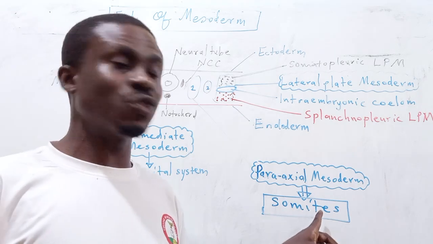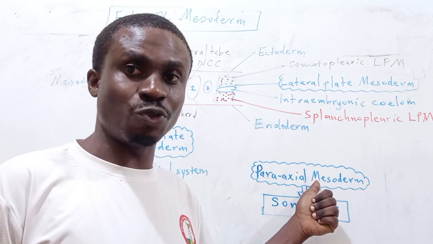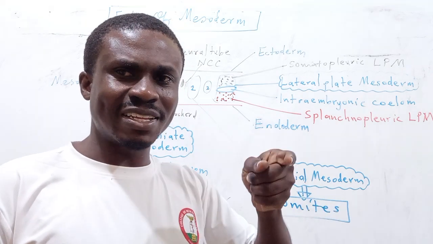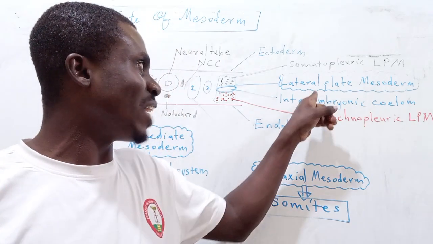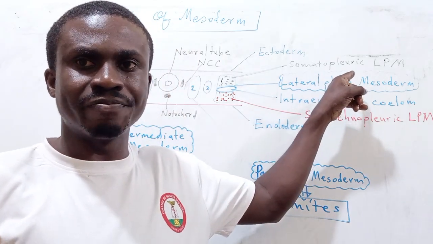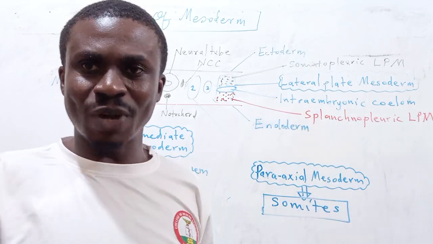Once I know the derivatives of the somites, which come from the paraxial mesoderm, then indirectly I'll have an idea of what is derived from the lateral plate mesoderm, with its somatopleuric and splanchnopleuric differentiations. That's what we want to see.